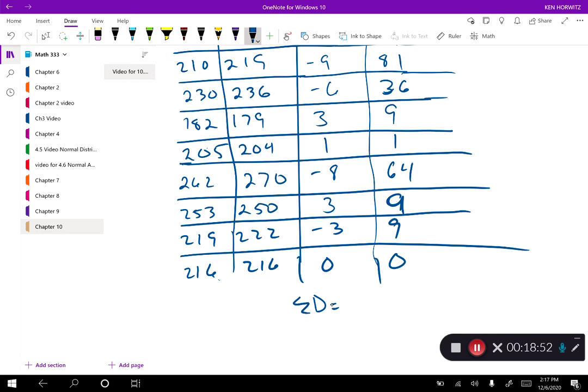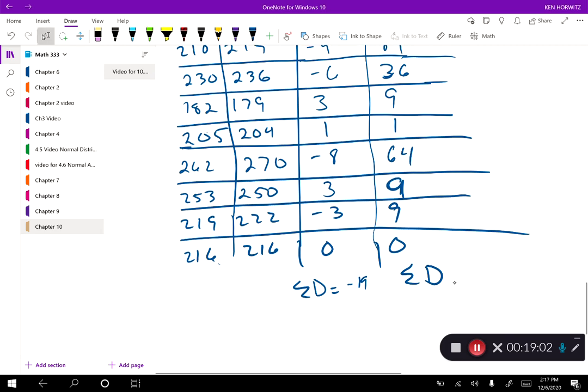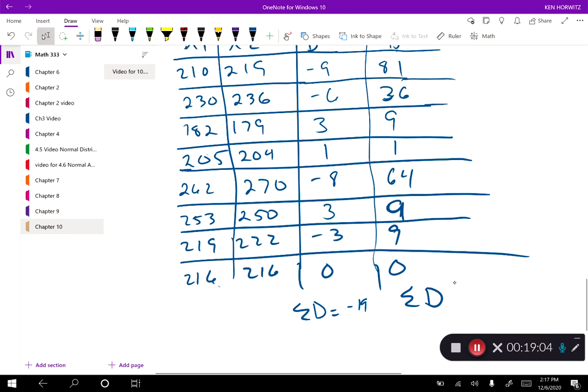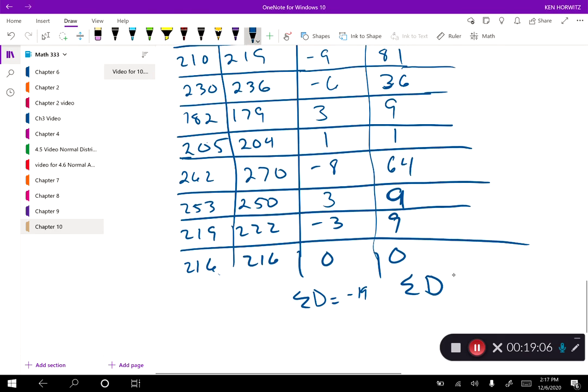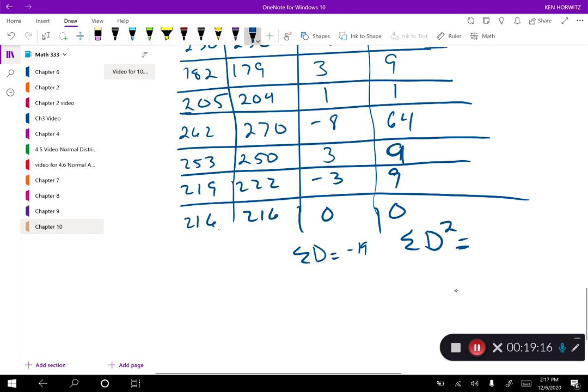The sum of my D's was -19. And the sum of my D squared, why don't you add up your D squareds and let's see if our numbers match.